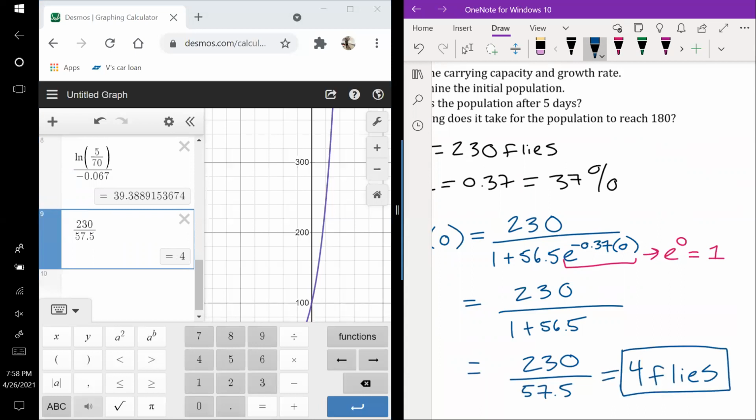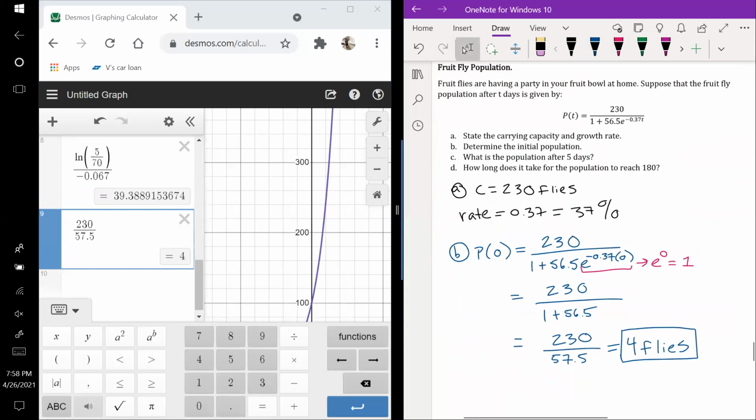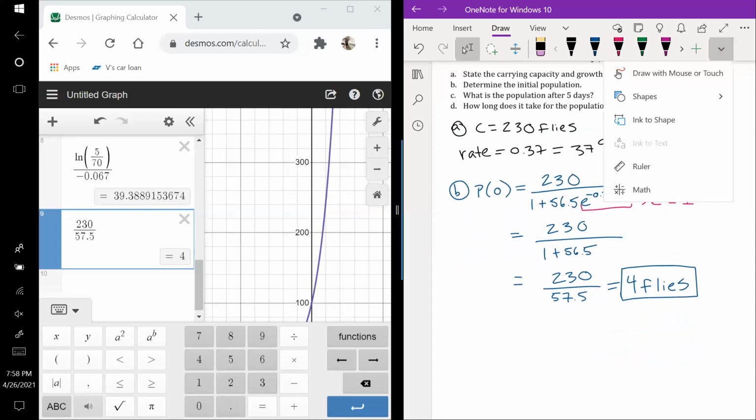And that's all you need for them to create millions more. Okay. C, what is the population after 5 days? So this time we just plug in 5.